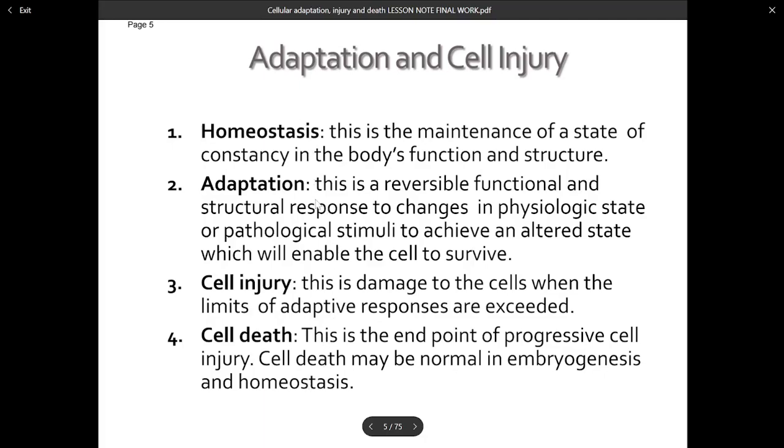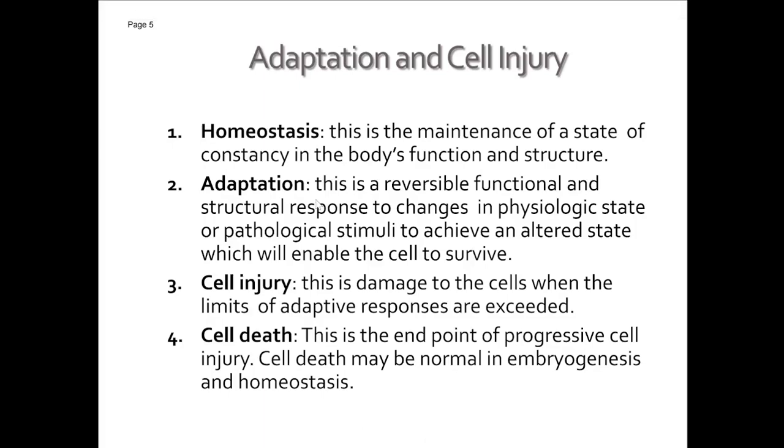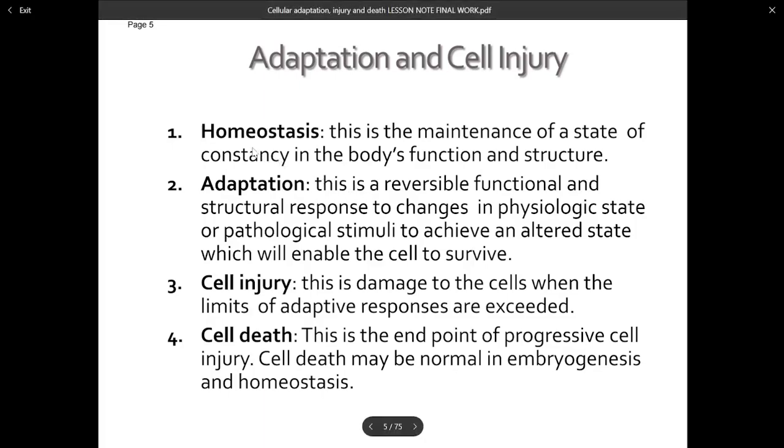So there are certain terms we need to get their definitions right, and we'll start with homeostasis. Homeostasis is the maintenance of a state of constancy in the body's function and structure.